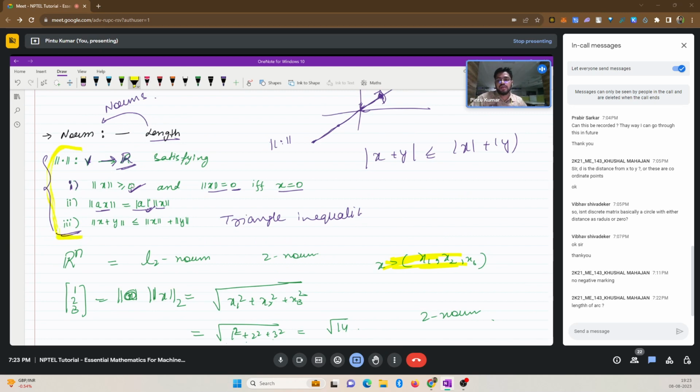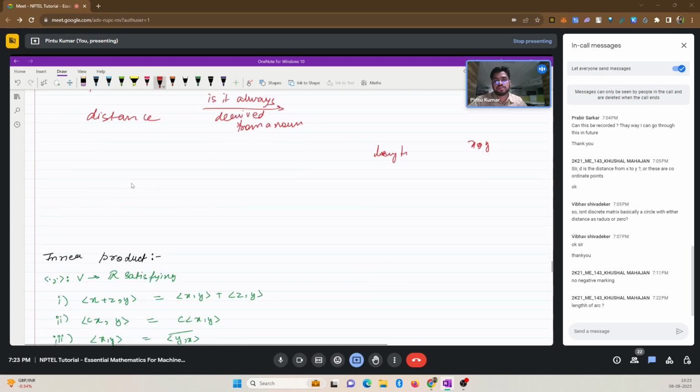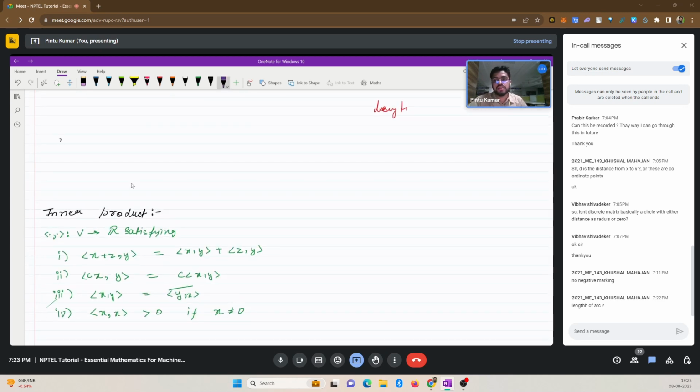So one example that I would give you is this discrete metric that we did. What was our discrete metric? The distance between x and y is 0 if x is equal to y and 1 if x is not equal to y.